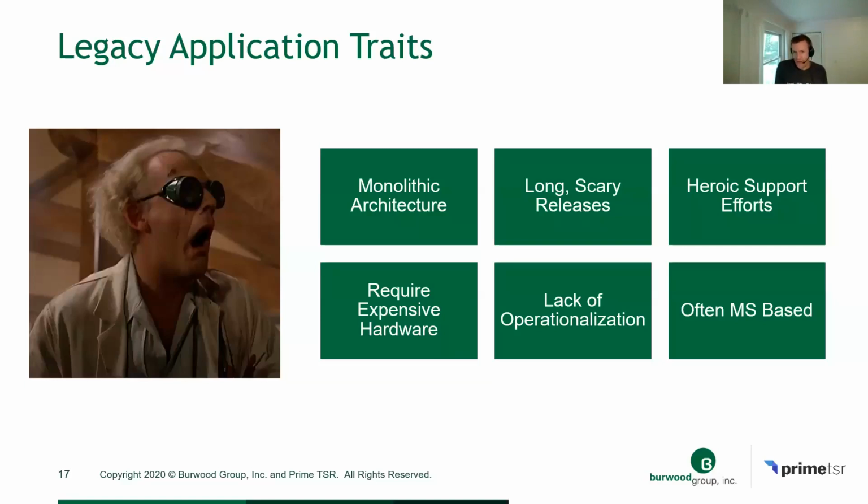And so what ends up happening is you deal with bigger and bigger batches, and so you're dealing with longer release cycles. And then the releases are really scary as well. It's like, okay, we're going to need to take a 12 or 24-hour downtime window to do this next release, and who knows what it's going to break. So then it requires some pretty heroic support efforts as well.